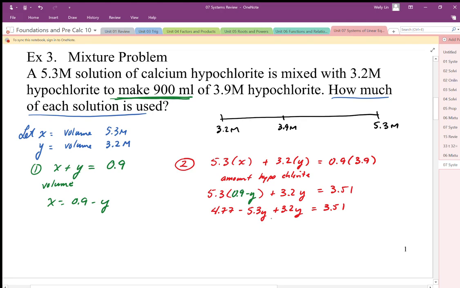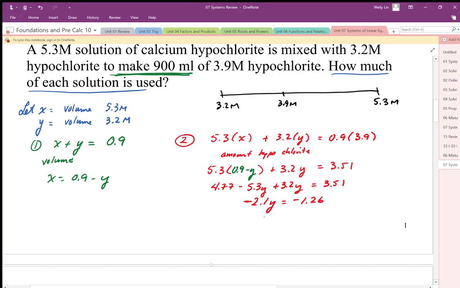So subtracting these, we end up with negative 2.1y, and on this side we get negative 1.26. That looks right. Then divide to solve for the volume of y. We end up with 0.6 liters of the 3.2 molar solution.